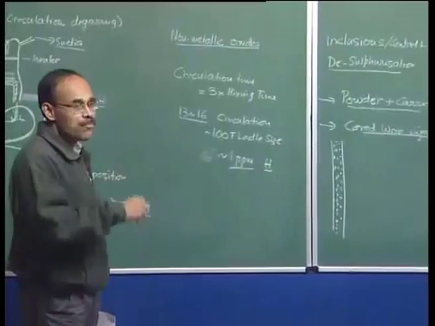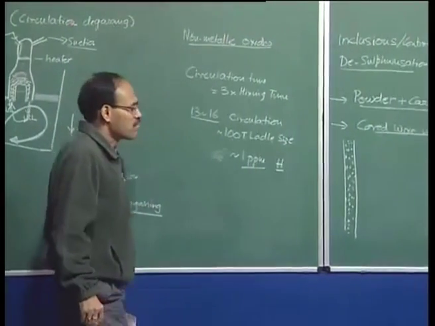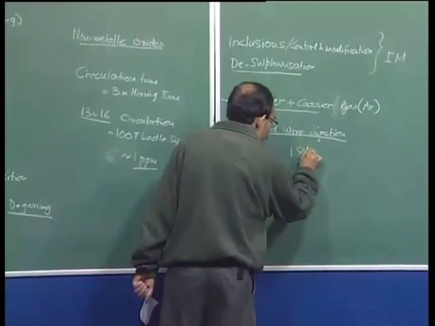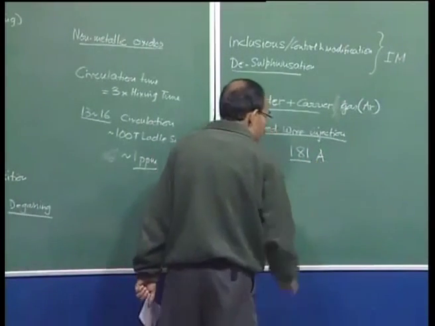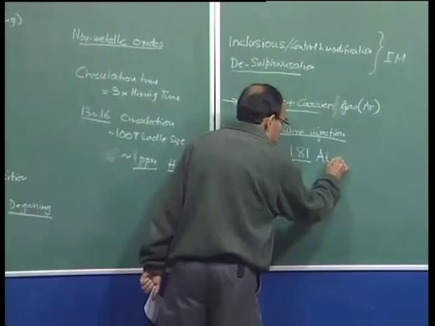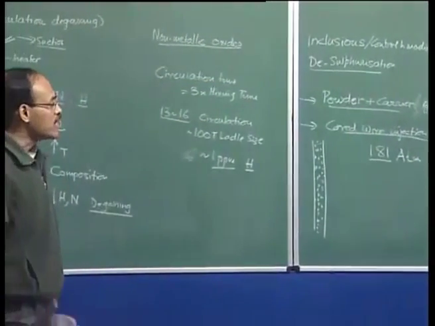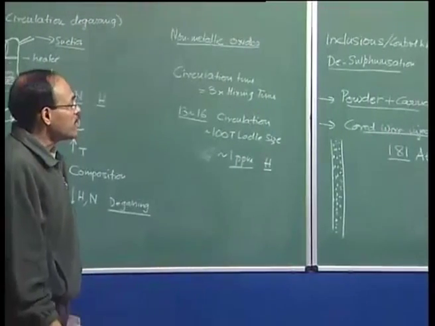Now, its vapor pressure under steelmaking conditions is roughly about 1.81 atmosphere at 1600 degrees centigrade. This implies that immediately upon contact with molten steel, calcium is going to be in the vapor phase.